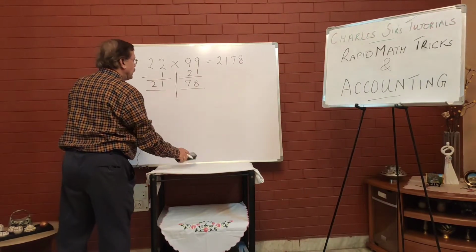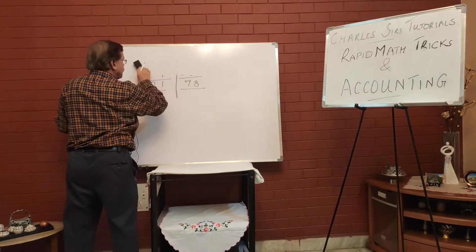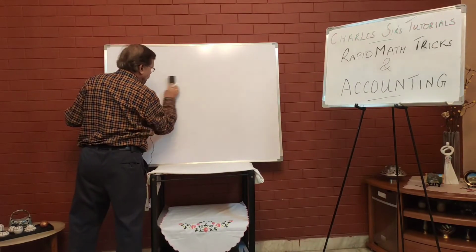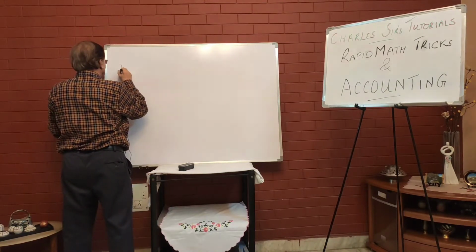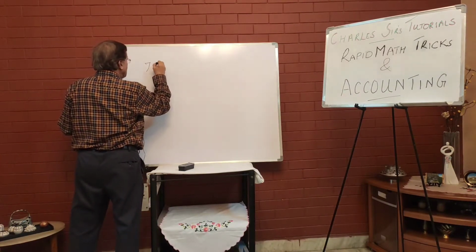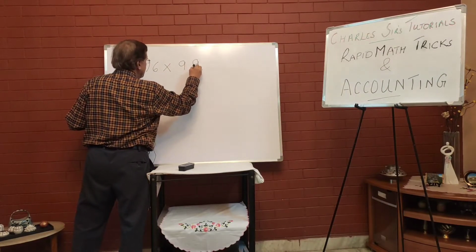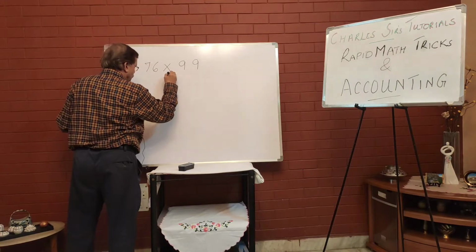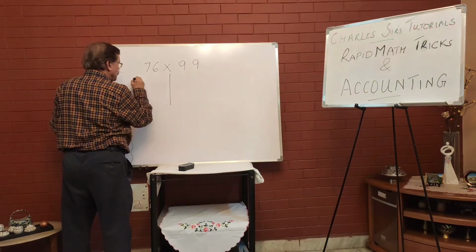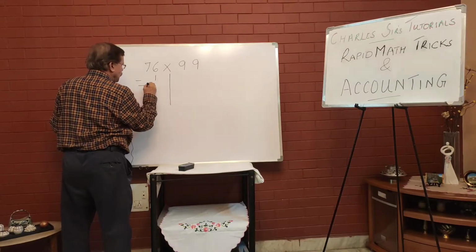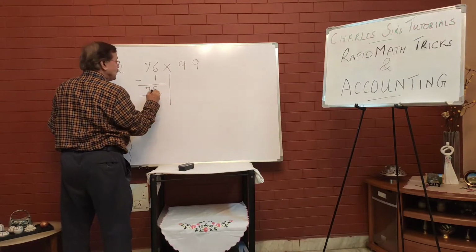Second question. Now the second question is the same as the first one, only the numbers will differ over here. So second question is 76 multiplied by 99. Again, make a partition over here. From 76 minus 1, what is left? 75.